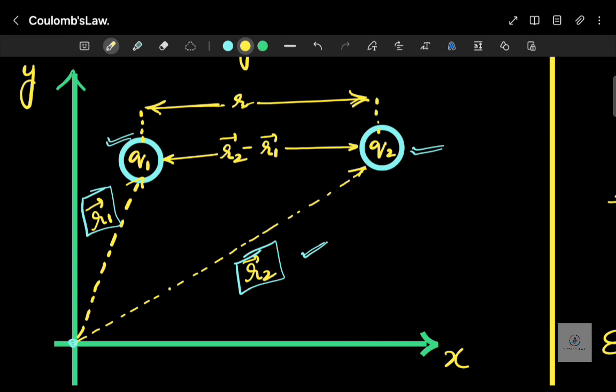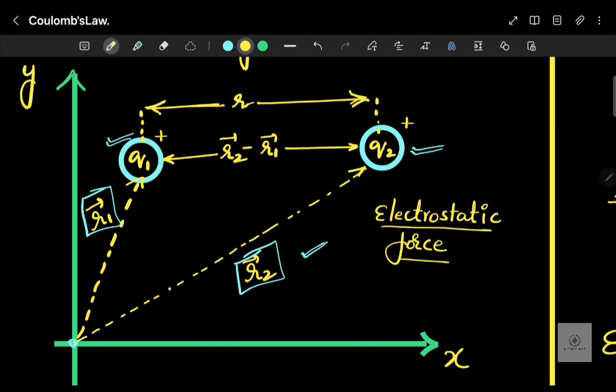Suppose they are like charges, either both positive or both negative. Then these charges will repel each other. That force of attraction or repulsion between the charges, we call the electrostatic force.